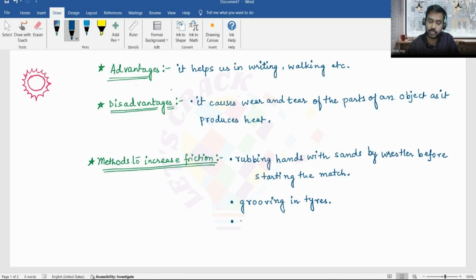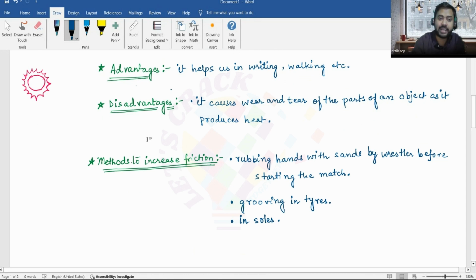If the friction is increased, then the wheels of the bikes won't slide, and the person who is driving won't fall and cause any accidents. In soles also, a kind of grooving is done in order to increase the friction so that the person who is wearing them and walking doesn't slip.